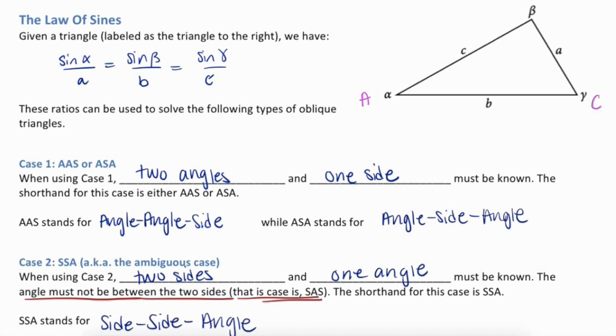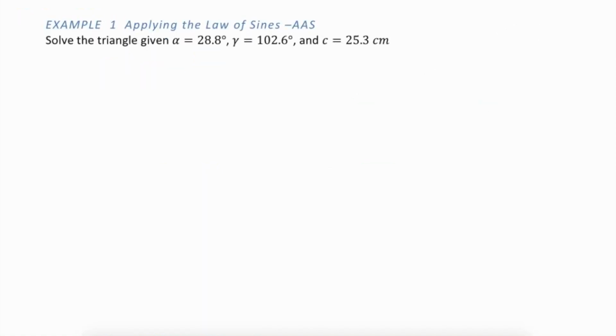Let's look at the first example. Applying the law of sines, angle, angle, side: solve the triangle given alpha equals 28.8 degrees, gamma equals 102.6 degrees, and C equals 25.3 centimeters. Let's begin with a sketch. I'm going to draw an obtuse triangle since the angle we're given is greater than 90 degrees.